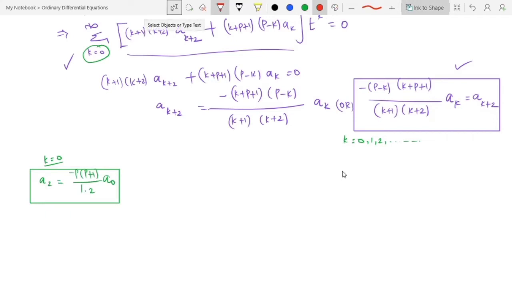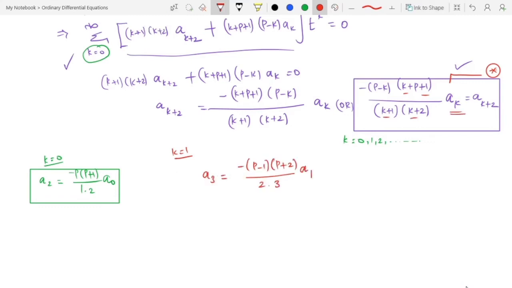Next, replace k by 1 in star. We get from star a_{1+2}, that is a3, equal to -(p-1)(p+2) divided by (1+1)(1+2), that is 2 into 3, a1.